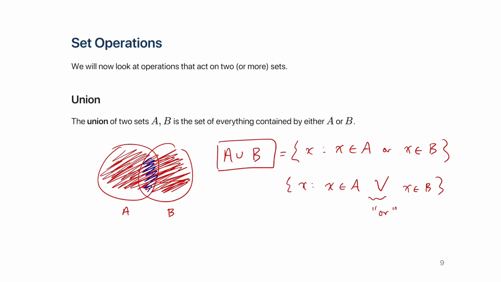Okay? And it's actually called a disjunction. And we'll talk a lot more about it next week, but just wanted to introduce the notation. So X is in A or X is in B. Any questions with the union?